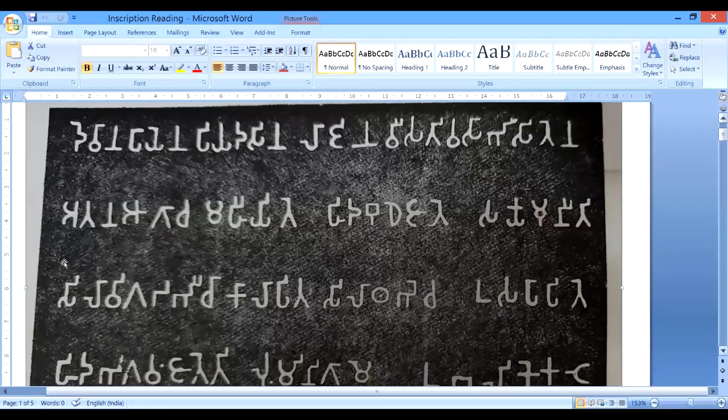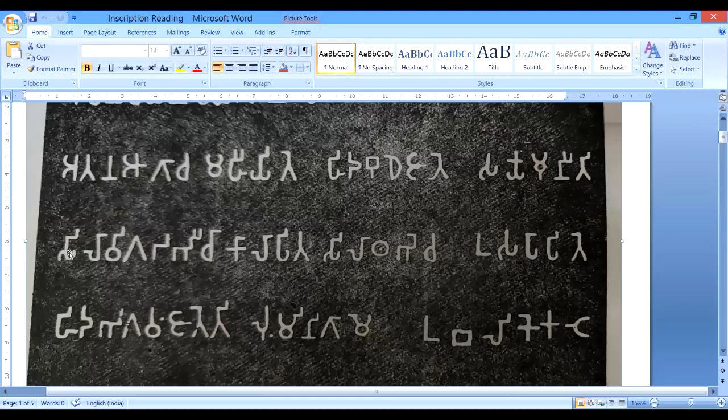What is this? Ti, sakara and ikara. Sila. Sakara and ikara. Si and lakara and akara. Sila. Then vakara, ikara. Sila vi. Then ga. Okay. Then da.